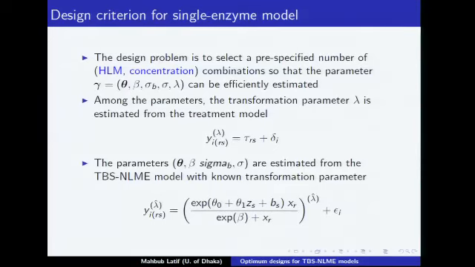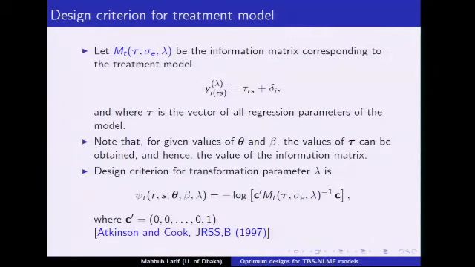And I already explained that we have two models. One is a treatment model, another is a nonlinear mixed effect model. The treatment model will contribute to the design criterion for estimating lambda, and the other one will contribute for the other parameters. So for the treatment model, we write down our information matrix, and we use a kind of DS optimality, and this is our design criterion for lambda.